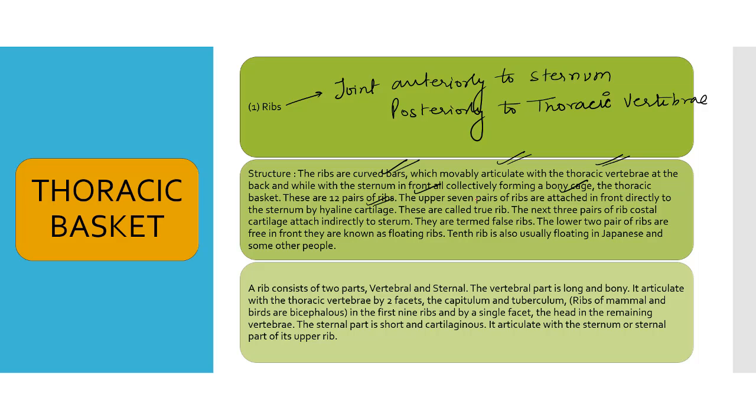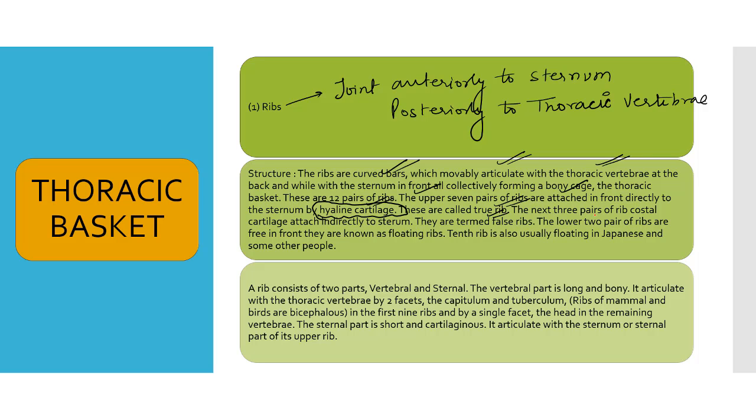There are 12 pairs of ribs. The upper 7 pairs of ribs are attached in front directly to the sternum by hyaline cartilage. They are called true ribs.